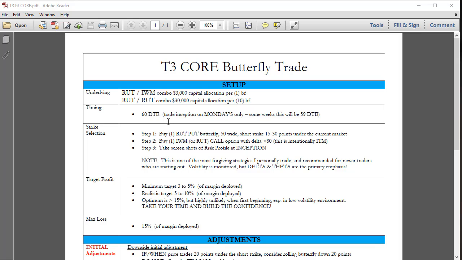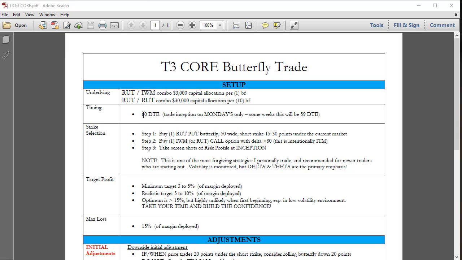But I use that as just a way to share with traders. It doesn't matter really when you open these trades. What I was trying to show is a 6-month case study of only opening on Mondays when there is 60 days to expiration and managing the trade according to these guidelines.